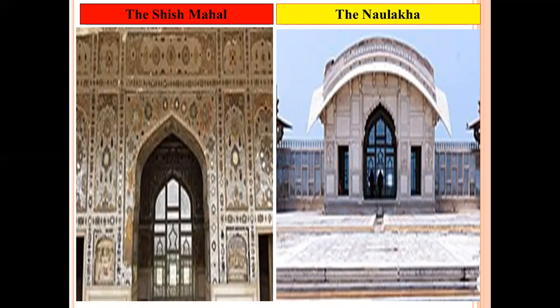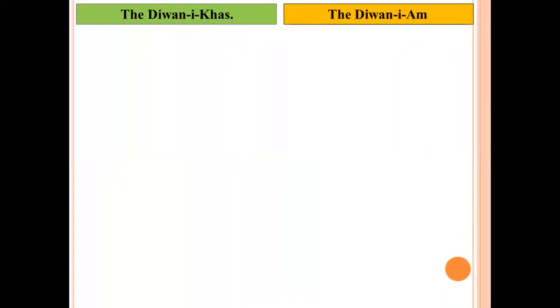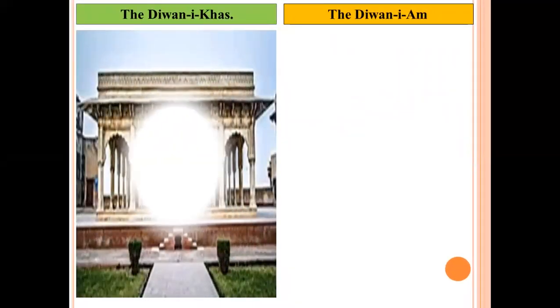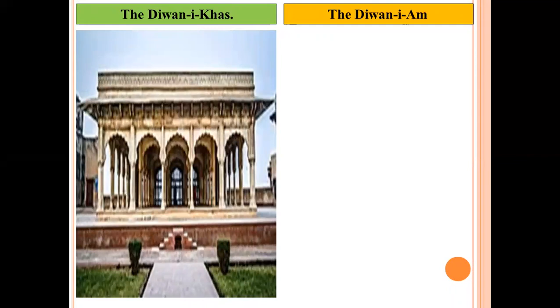So it was called Naulakha, and it was also a special building for the royal family. Dear students, this is the building of Diwan-e-Khas, also constructed inside the Lahore Fort, and it was specified for the royal family for meetings with other members.